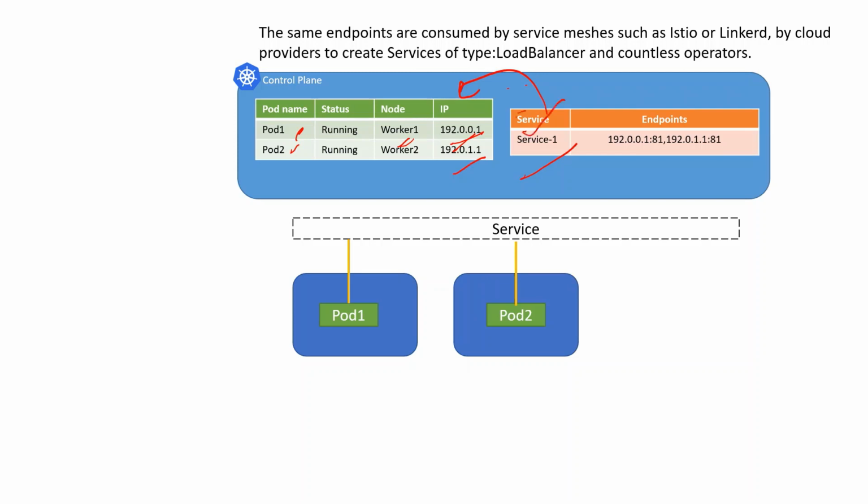In the service table, what does it store? It stores which service it is and what the endpoints are. An endpoint is a combination of the IP address and the target port. It collects the IP and creates the port. Like this, whatever number of pods you create, everything will be appended as endpoints here, right?